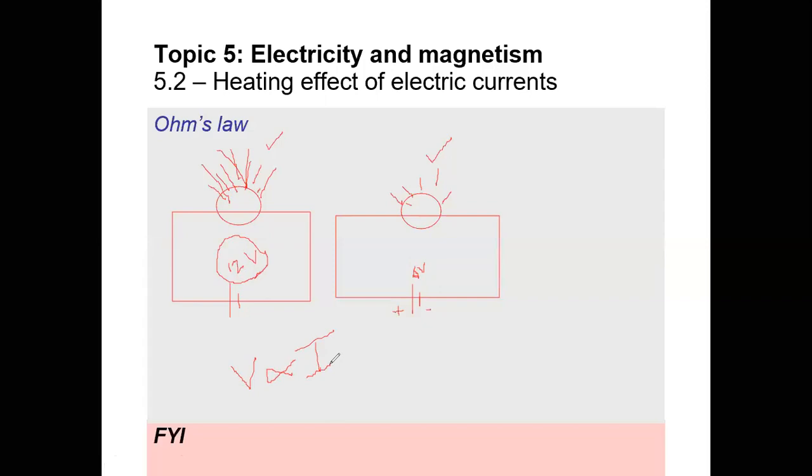Okay, so replacing the proportion sign, you can write V is equal to I R, where I is current and R is known as resistance, and it is constant.